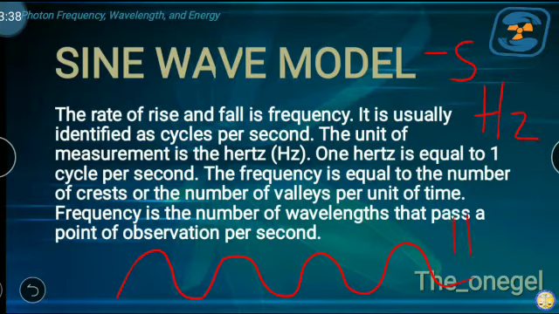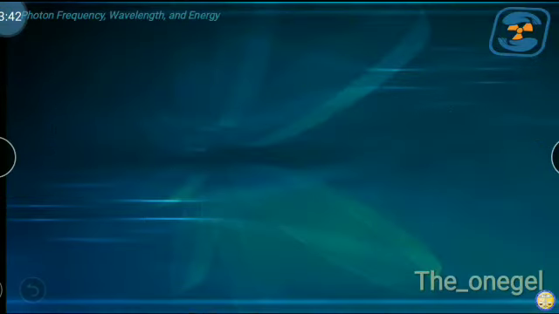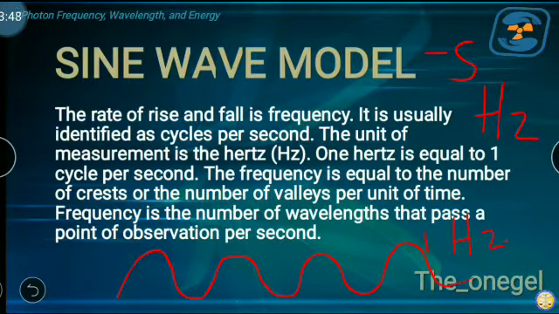Again, 1 hertz is 1 per second. So the frequency is equal to the number of crests or the number of valleys per unit in time. Let's say, for example, ito yung movement niya in 1 second.